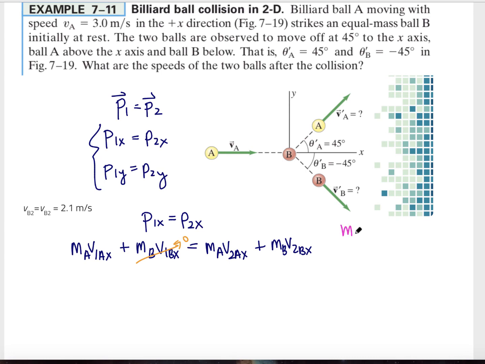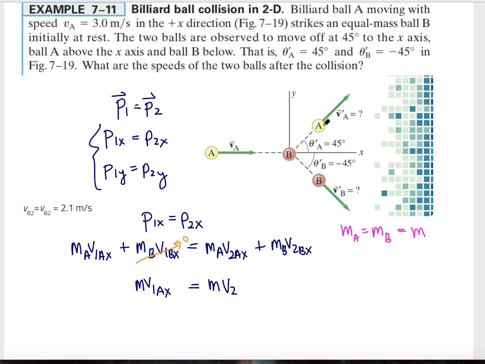I'm going to say that mass A is equal to mass B and that they're both equal to some mass m. So if I rewrite this, I would have just mass m times v1a in the x, and then I can go on and say this is mass m times v2, and I'm actually going to go ahead and use trigonometry here.